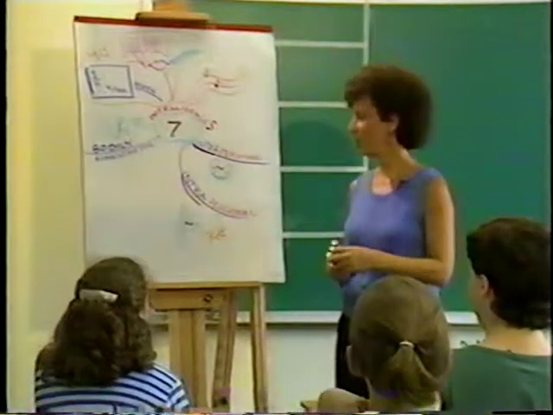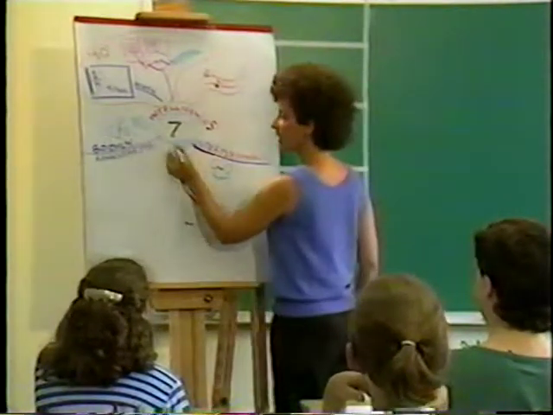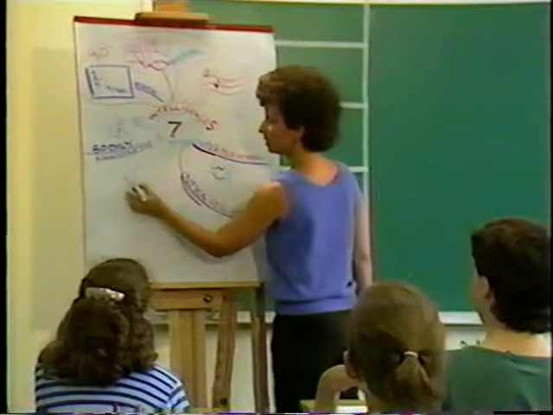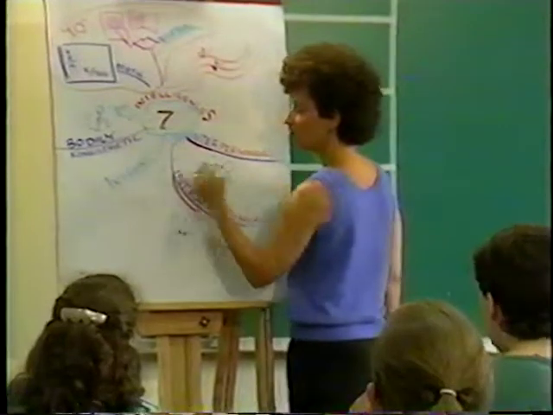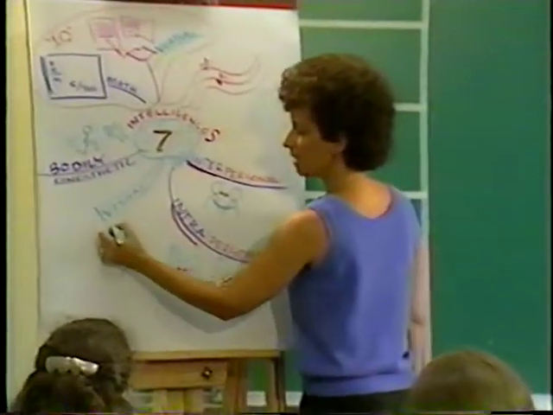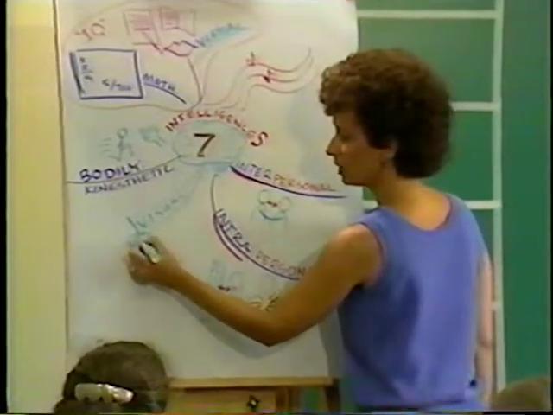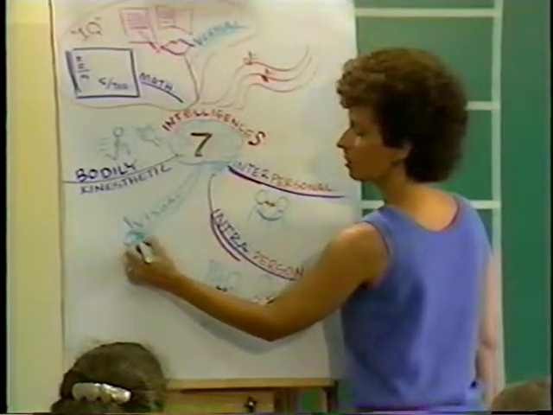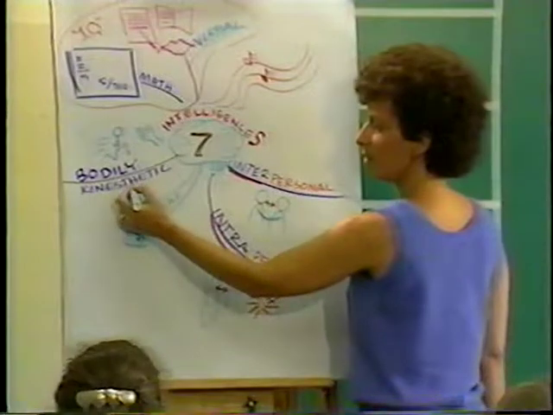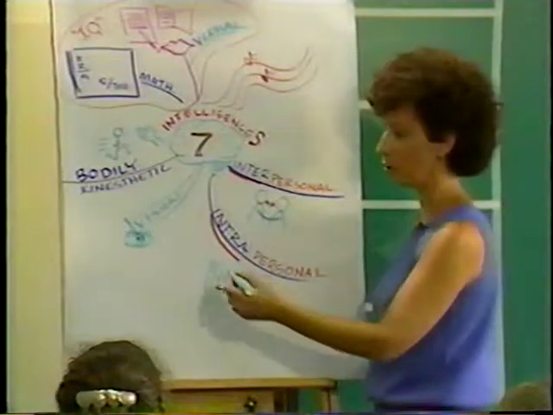Okay, and the word they use for artistic in this case, and this is a big part of being artistic, is visual. The visual artist is looking at images and creating images and representing ideas with pictures. Now we also have artists who may be up here in the bodily kinesthetic, like a dancer.